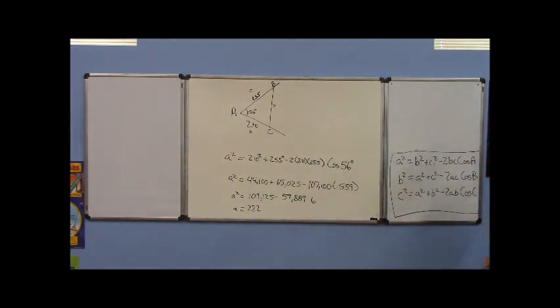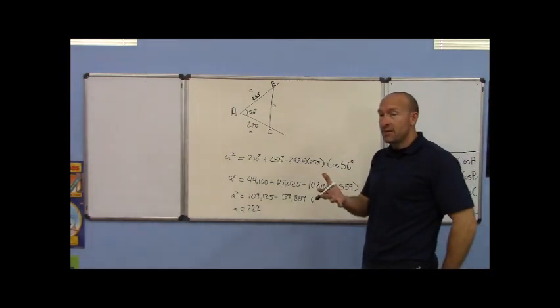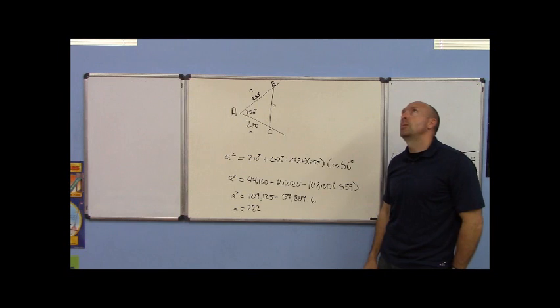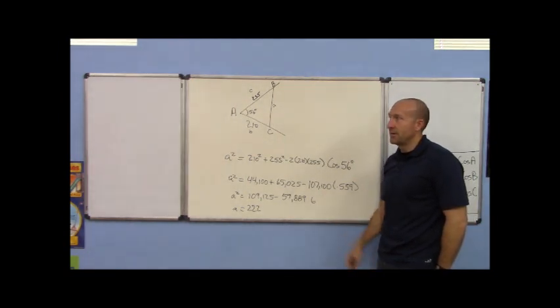Does that make sense? That wasn't hard, was it? I know it was pretty easy. At first it was, law of sines, oh my goodness, I can't get this. And then, great, now we've got another law.